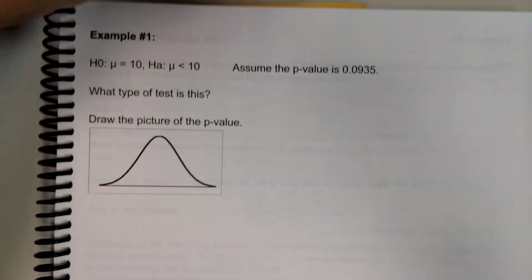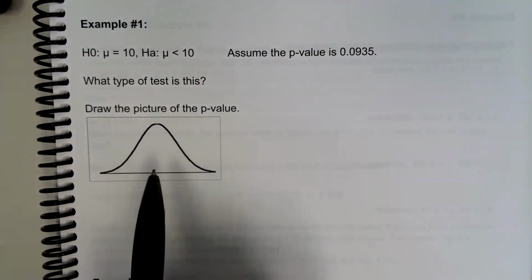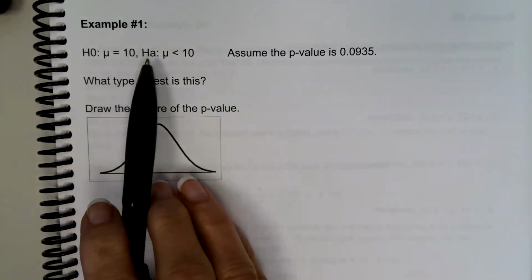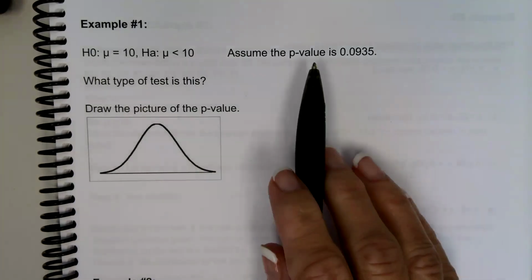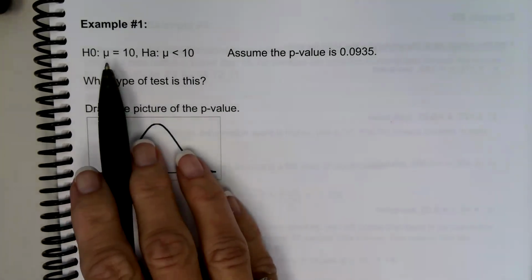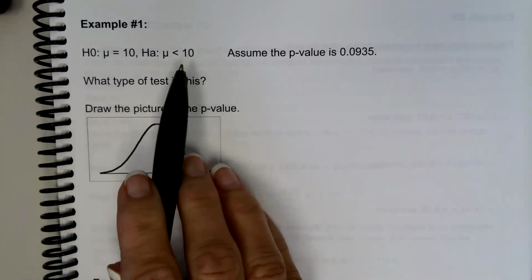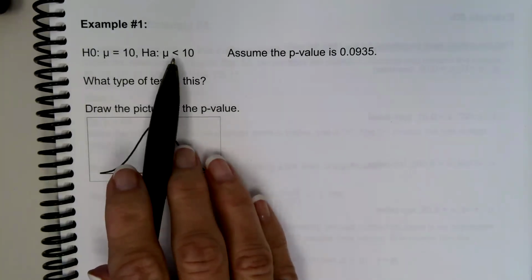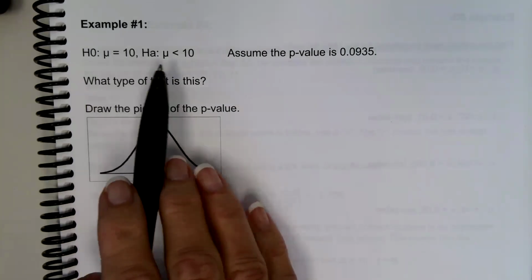So let's just draw, we're going to get some practice doing some intermediate steps. Let's say we have a hypothesis where the mean is equal to 10. The alternative is we think the mean is less than 10. And I gave you the p-value, the probability of the H0 being true. This is the probability of HA being true under this hypothesis that the mean equals 10.